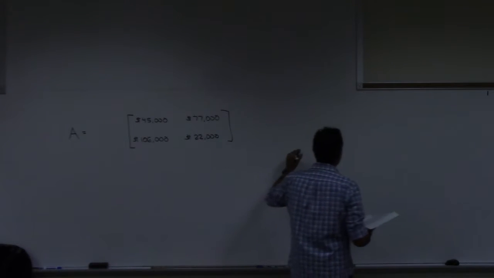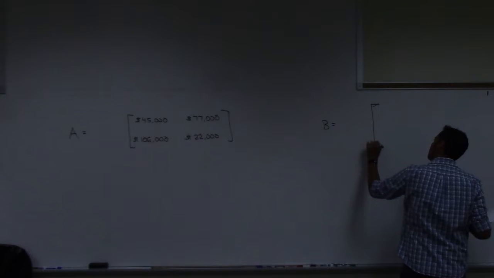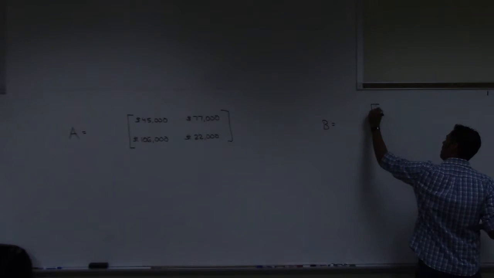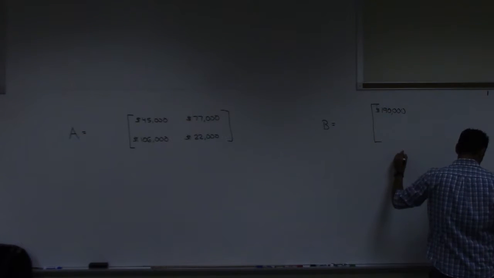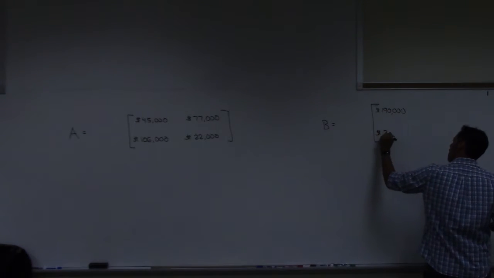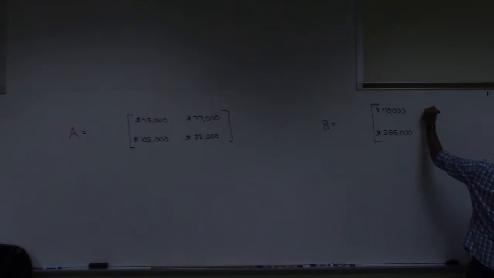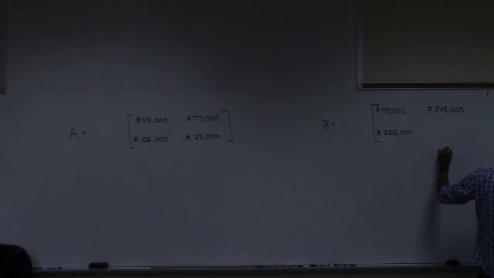And then matrix B over here is 190,000, 266,000, 345,000, and finally 276,000.